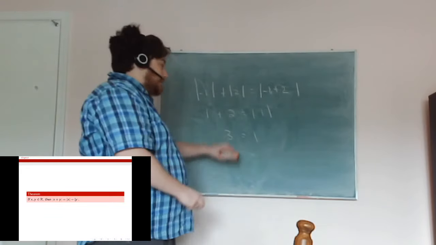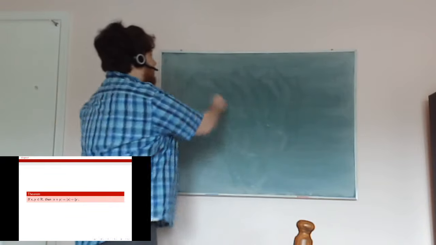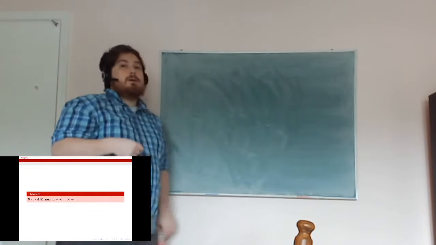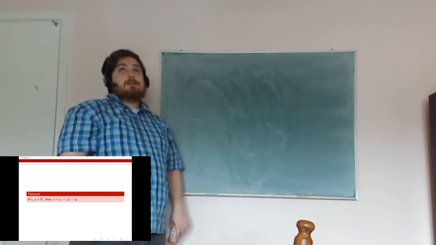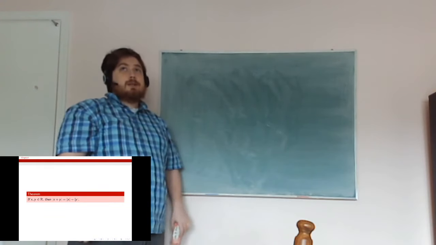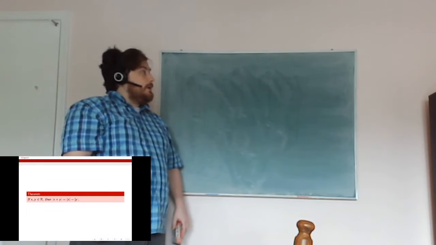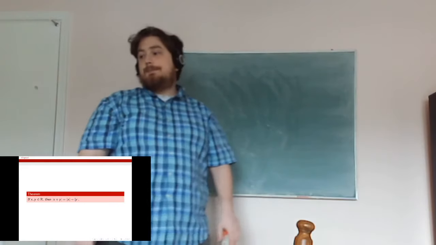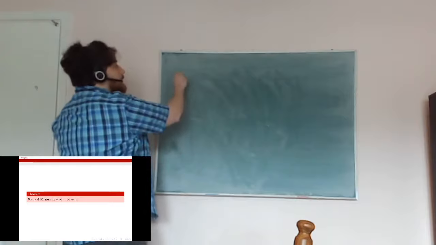So, if we want to prove that the theorem is false, that is, our original theorem was for all x and y real numbers, we have that the absolute value of x plus the absolute value of y is equal to the absolute value of x plus y. So what we want to do is we want to negate that statement. To negate a for all, we get a there exists.